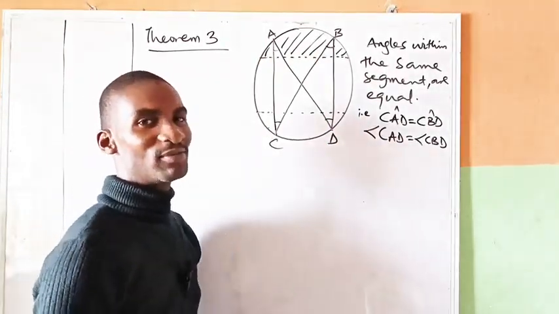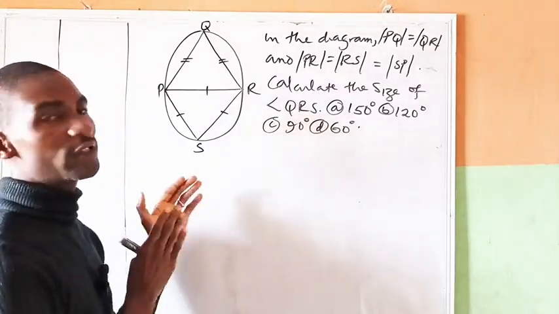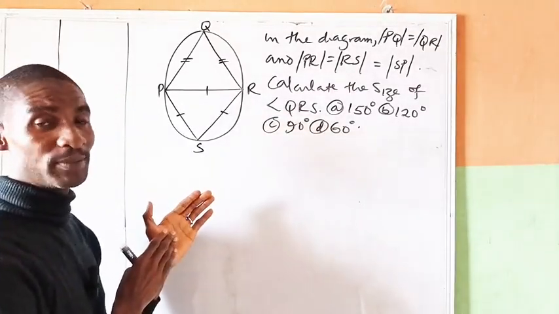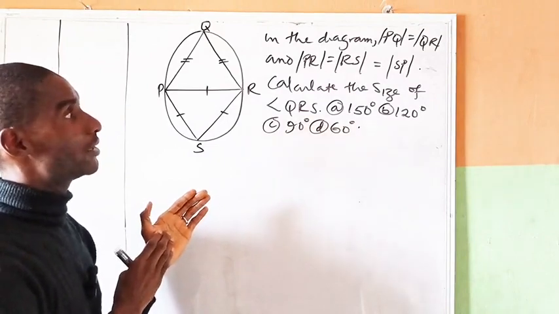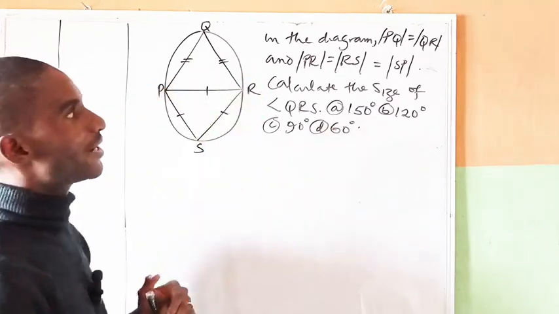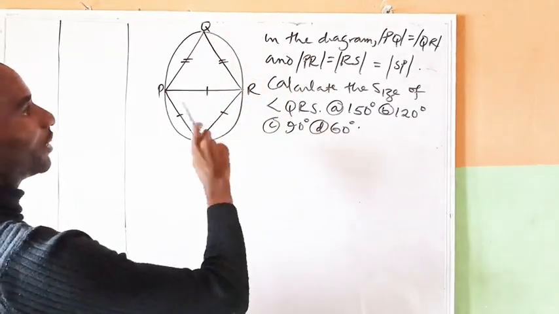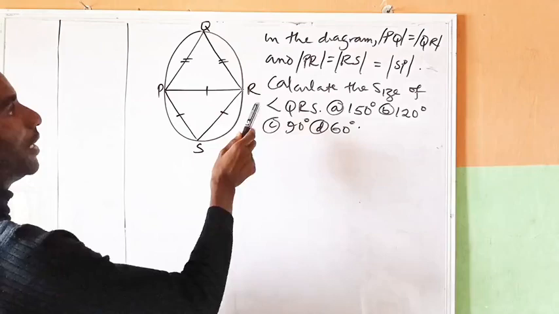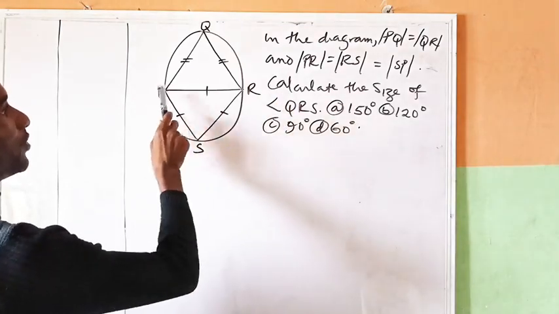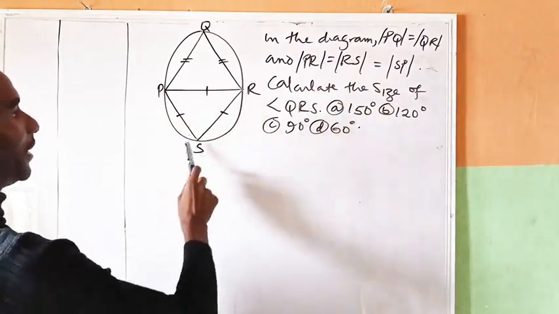Let us look at some more theorems. Let us try to apply one of the theorems that we have considered to answer this question. The question is, in the diagram, line PQ is equal to line QR, and line PR equals line RS equals line SP.